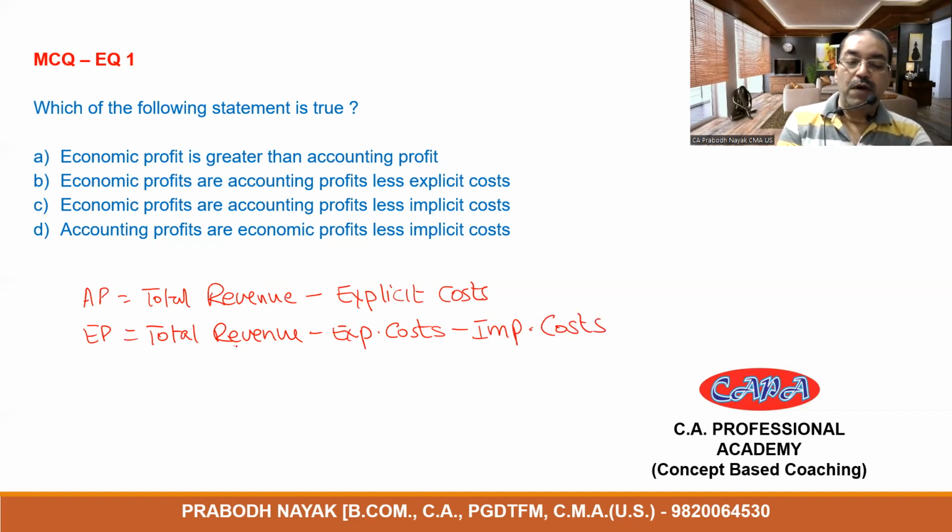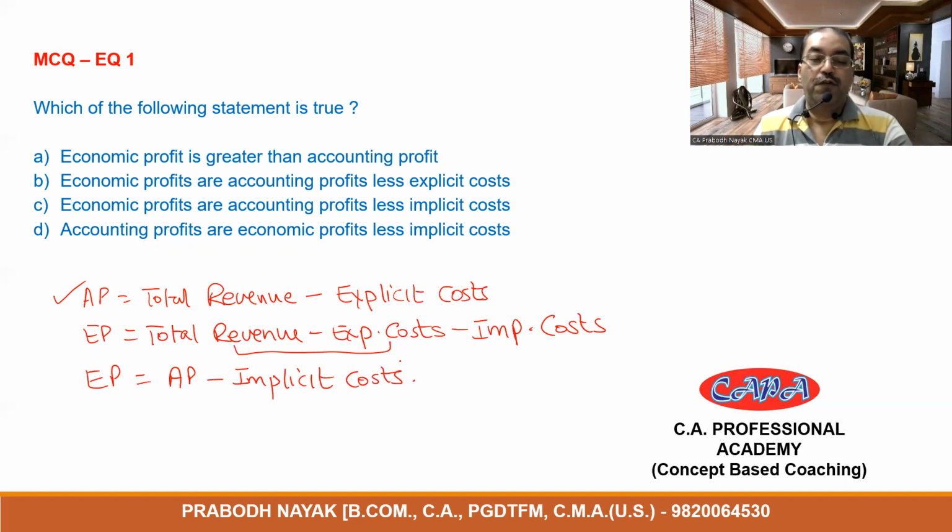Now, total revenue minus explicit cost is equal to accounting profit. So I'll substitute here. Economic profit is equal to accounting profit minus implicit costs. Economic profits are accounting profits minus implicit costs. So it is option C.